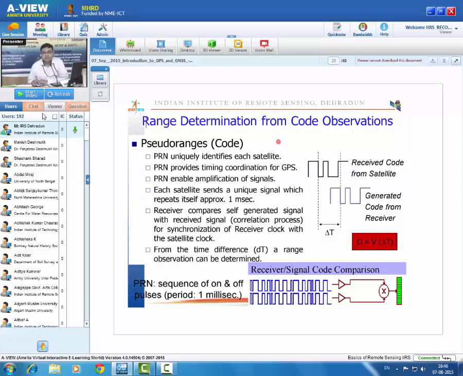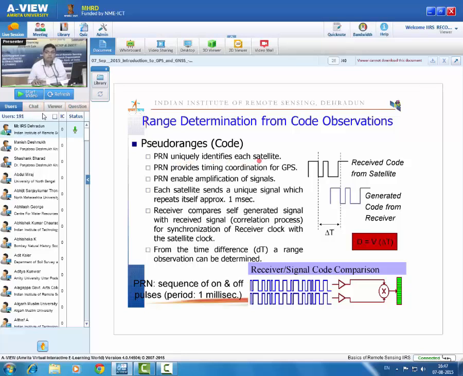Next comes the range determination, that is the distance calculation between the satellite and the receiver, which is also based on the code observation, that is the CA code or the P code in case of the defense systems. PRN, the pseudo random number, uniquely identifies each satellite.